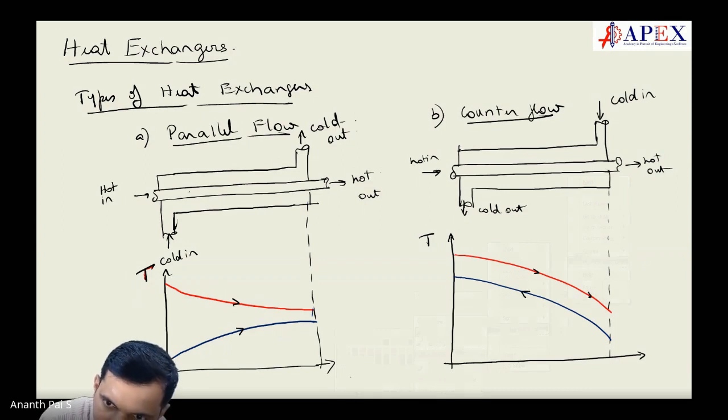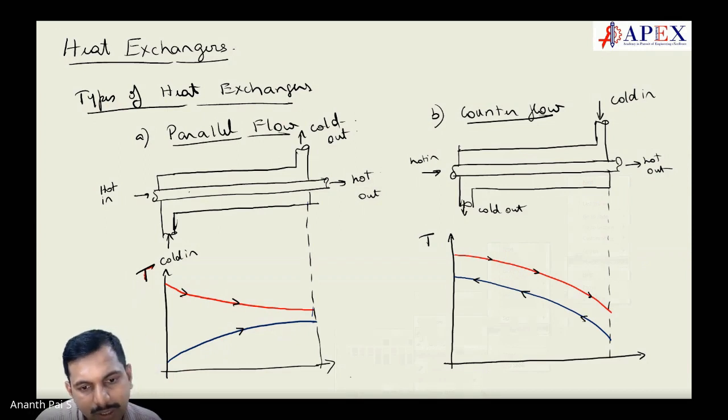Observe the directions. They are flowing counter to each other, whereas here you see they are going parallel to each other. So that is why it's called parallel flow, and this is called counter flow. Make sense?